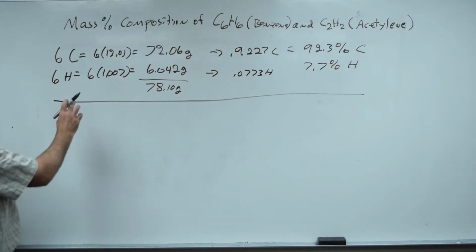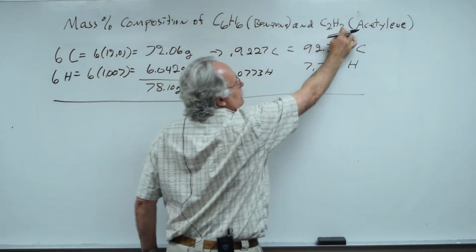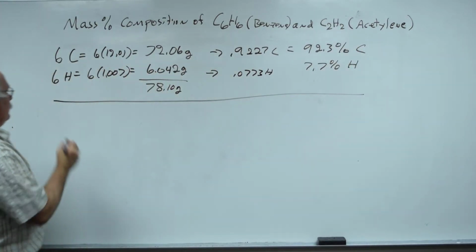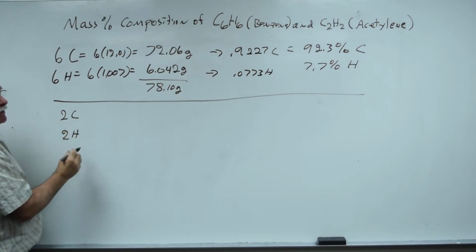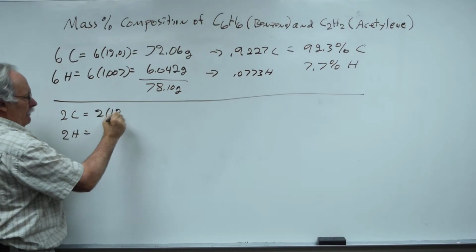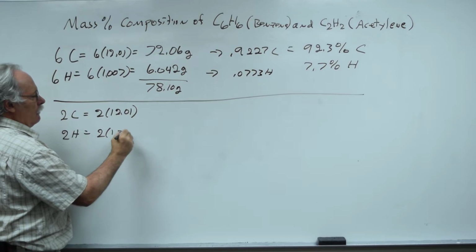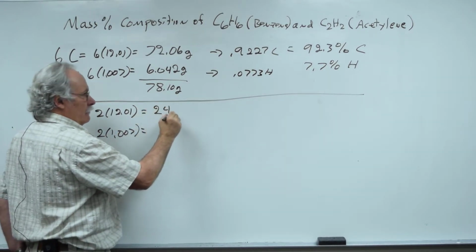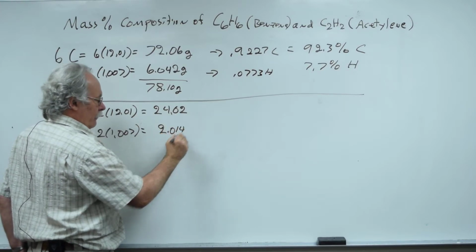Now I go over here for the second compound, and I have 2 moles of carbon and 2 moles of hydrogen for every mole of acetylene. So I have 2 carbons, 2 hydrogens, which is 2 times 12.01, which is 24.02, and 2 times 1.007, which is 2.014.